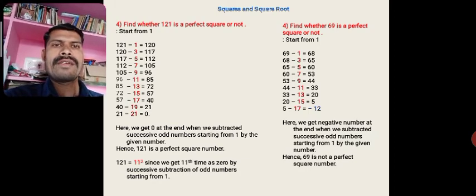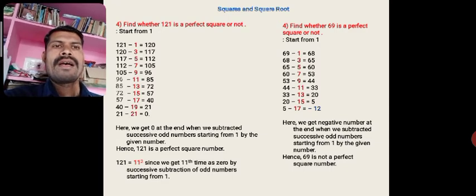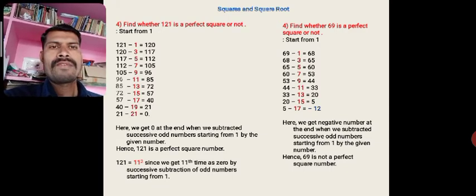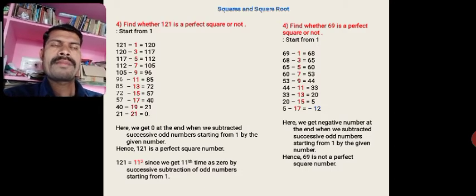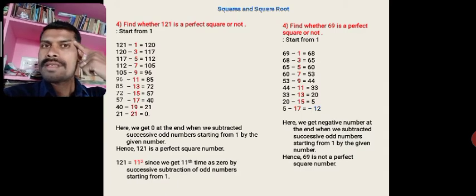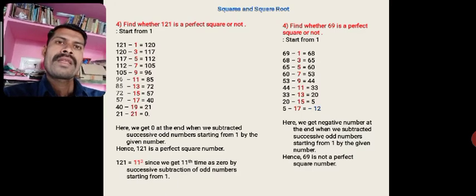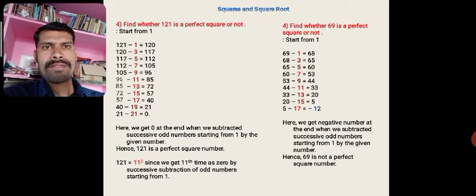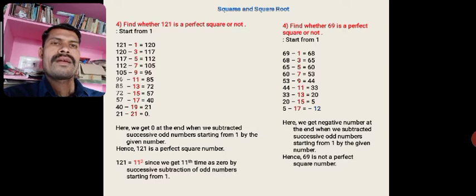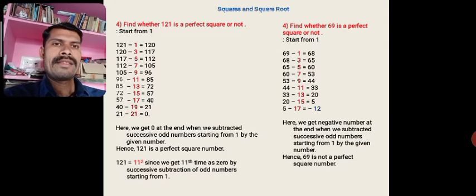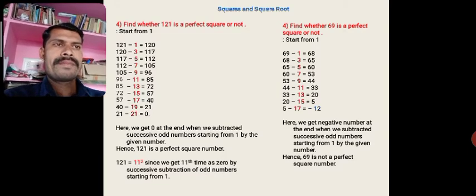If we get 0 by subtracting successive odd numbers starting from 1 from the given number, then it is a perfect square number, because the sum of successive odd numbers starting with 1 becomes a perfect square. Otherwise it is not. By seeing these things we can confirm.